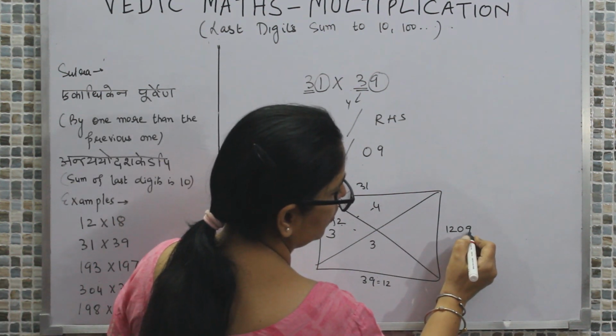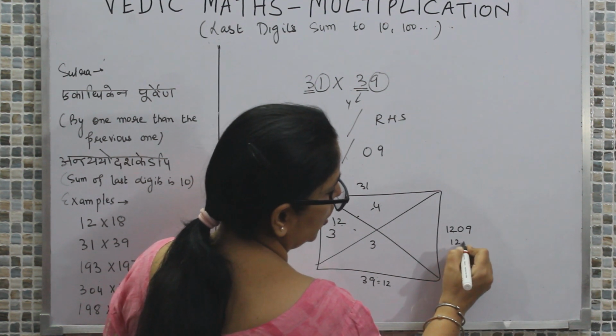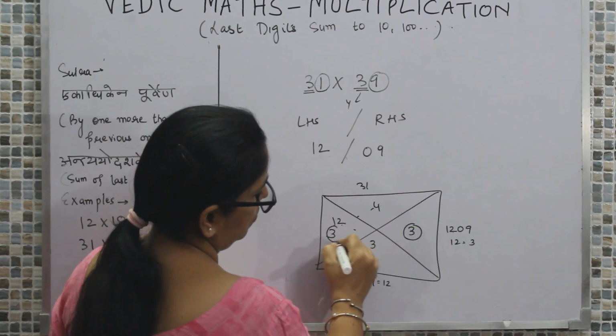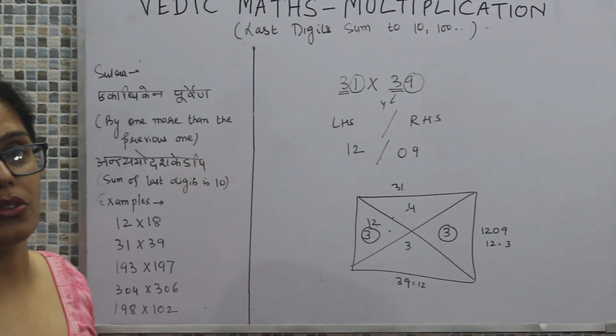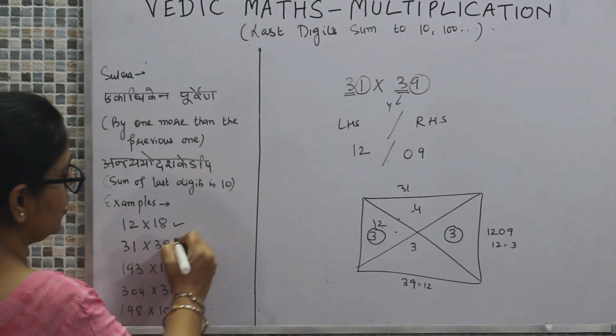Here the digital sum will be 9 plus 1 is 10, 10 plus 2 is 12, 12 means 2 plus 1 will be 3. So both the values are matching, hence our answer is right. So this was the second example. We are done with these two questions.